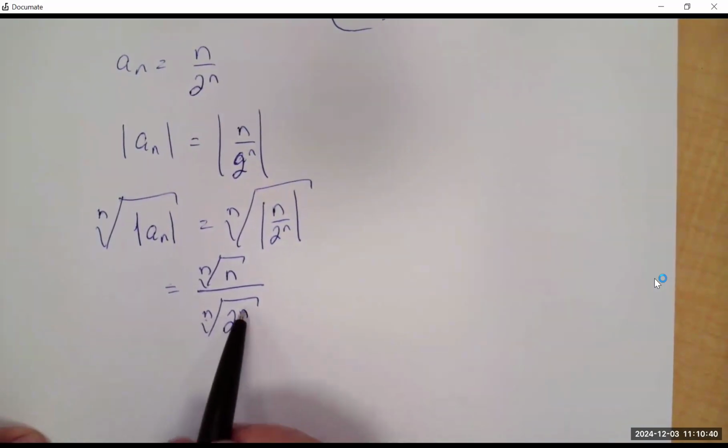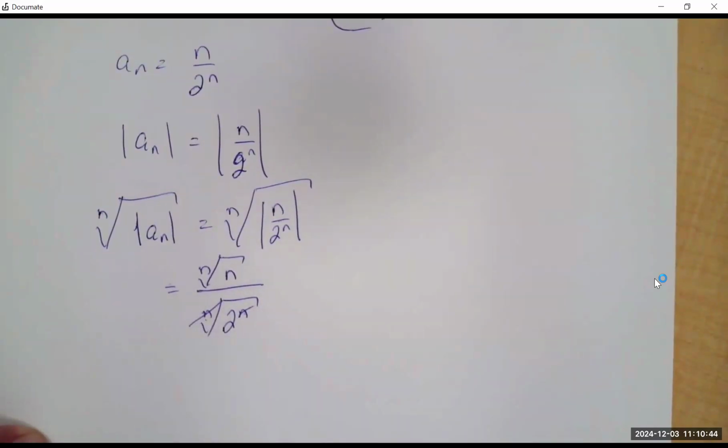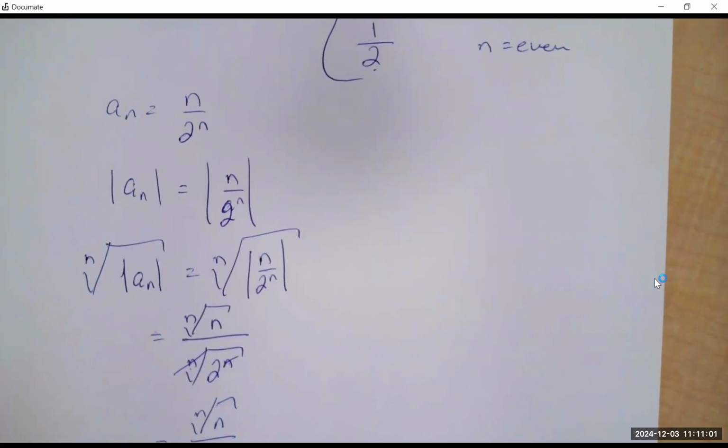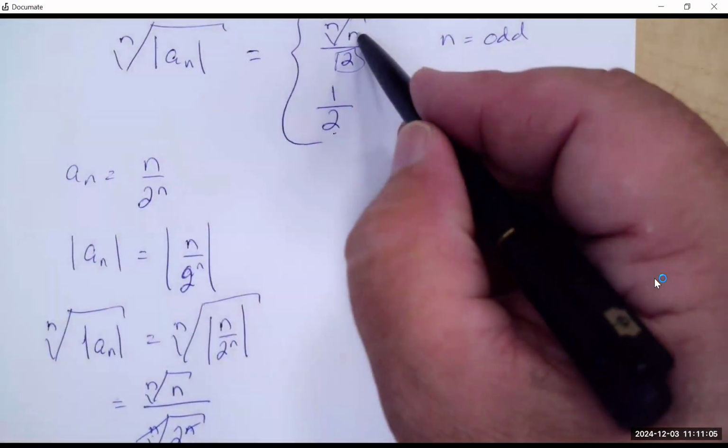The nth root of 2 to the n, what happens there? The n's cancel, so we have 2 on the bottom. Why don't we need the absolute value sign anymore? Because n is from 1 to infinity, or 0, so n can never be negative. So that's why this one becomes that.